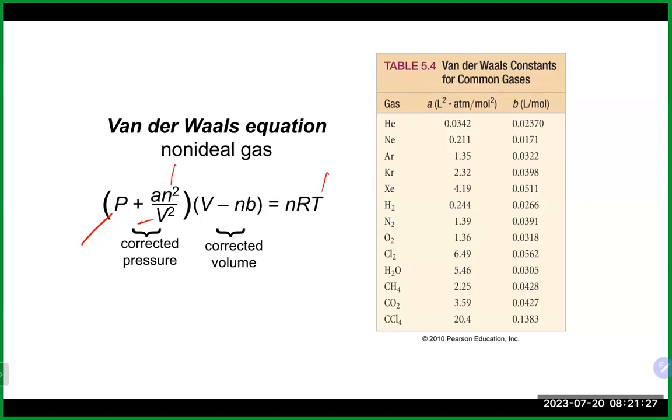This is a table, and you have one in your book, and usually you would look up this table to find your van der Waals constants. If you ever use a table like this, you should always look at the units of the van der Waals constants, because they may not always be in liters and atmospheres and so on. So you might have to do some type of conversion. You would solve it just like the ideal gas law.